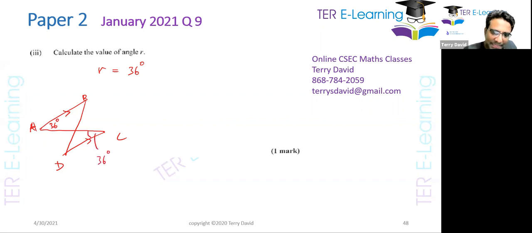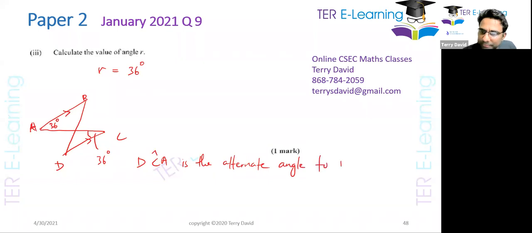So DCA, sorry, make sure I tell you the correct thing, which is actually angle R, is alternate angle to BAC. So that's another way you can look at getting the answer of 36. But there's only 1 mark, so we're not going to spend too much time on that.